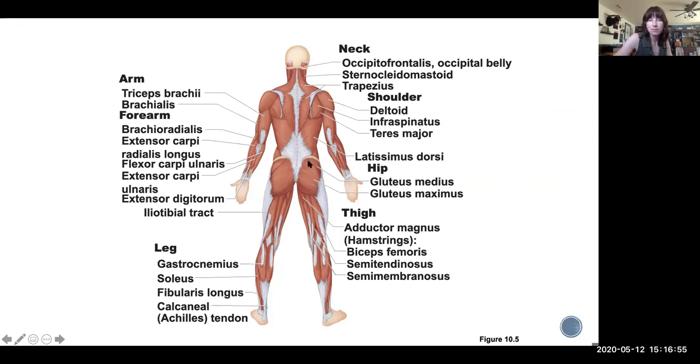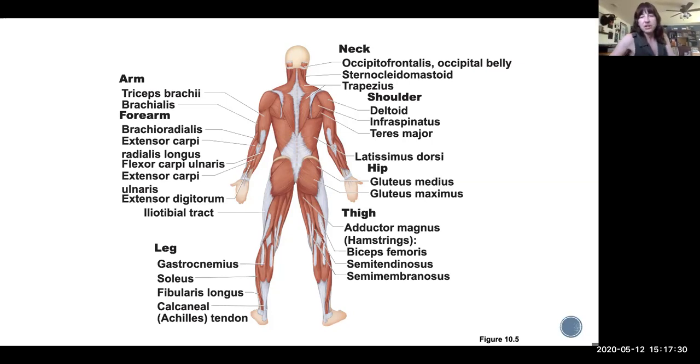It is going to be originating again at the pelvis and the sacrum, and then it inserts all the way down by your knee so that you can extend your hip, which is basically the opposite of what your little iliopsoas muscle does up here. So it's the antagonist for flexing the hip, right? Your gluteus maximus is going to extend your hip like that.